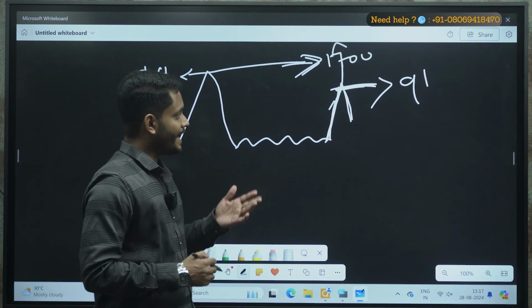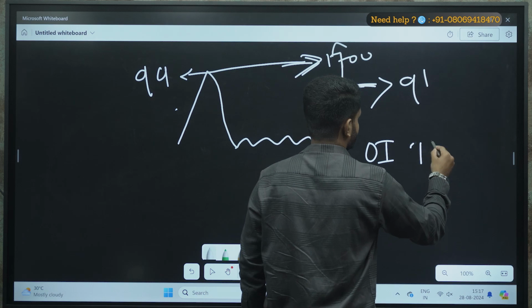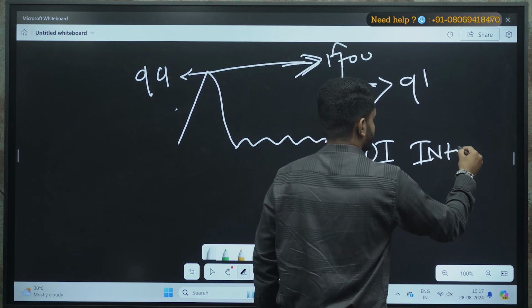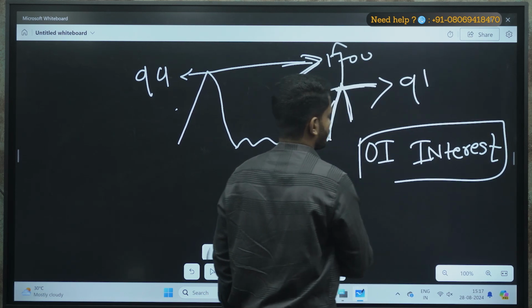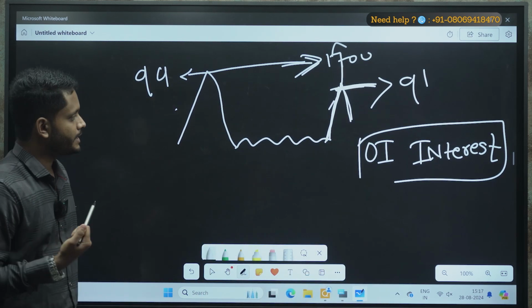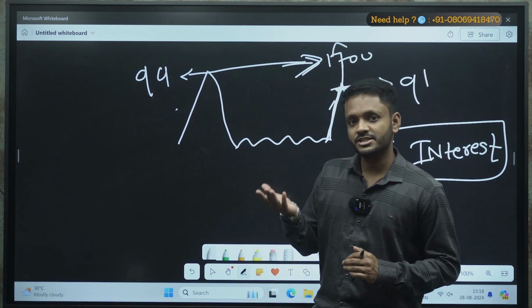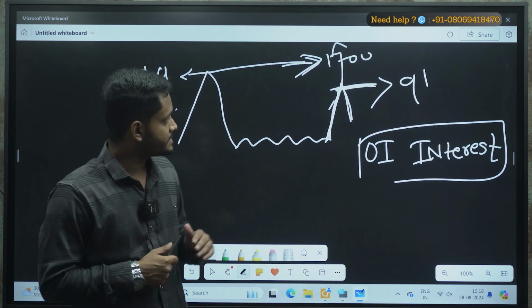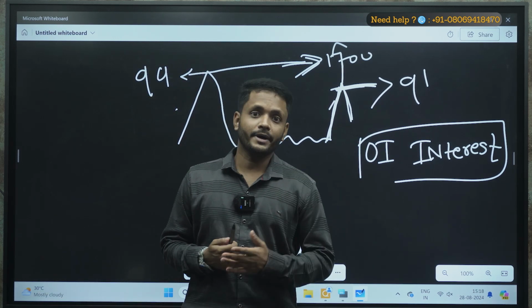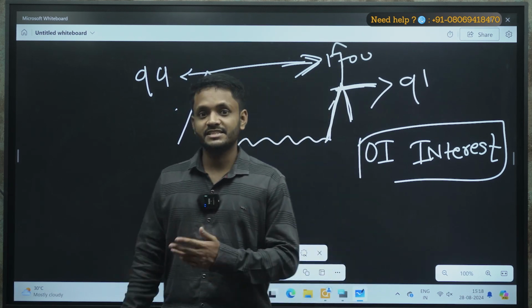Whether it is going to retrace from the higher levels or break out, for that what we need is open interest, correct? Now, say for example, if the price percentile is above 90, and the open interest is also above 90, that means more and more participation is happening.